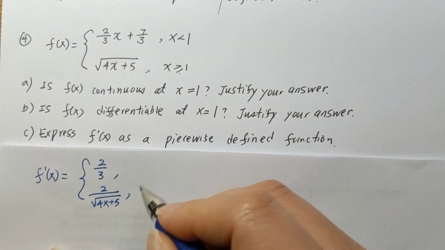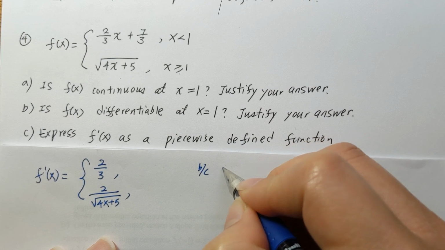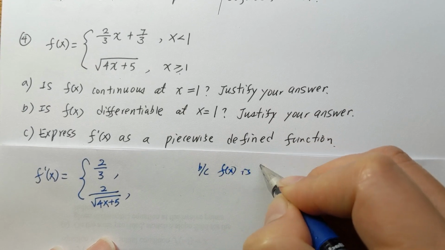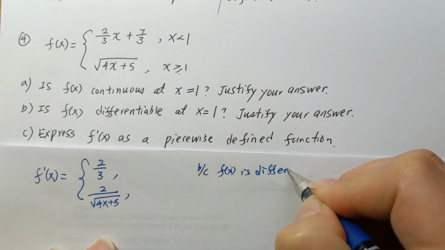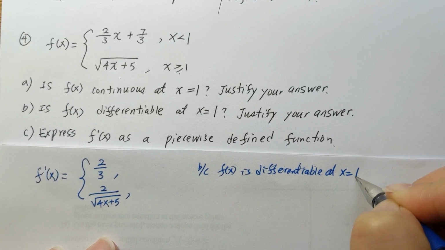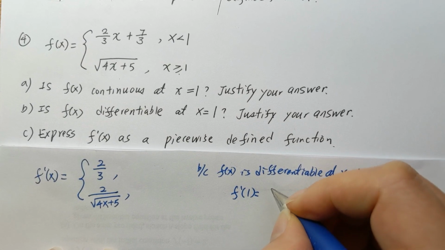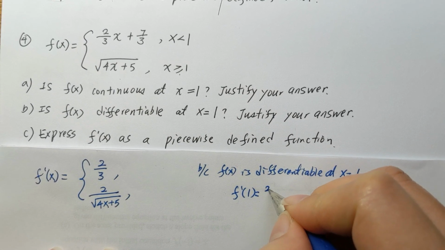Now we're going to determine the domain. We say that because f of x is differentiable at x equal to 1, f prime of 1 equal to the slope, they equal to each other, which is 2/3.